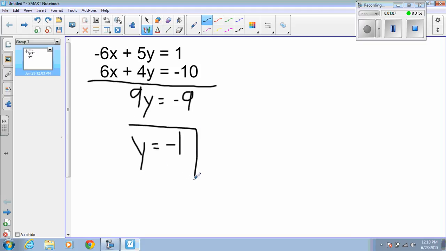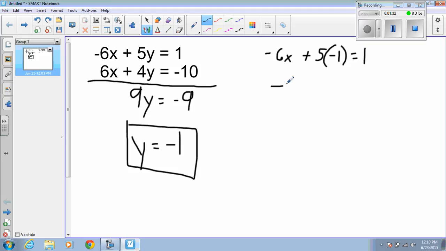And in order to figure out what x is equal to, we just take that number, plug it into one of these equations. I'll put it into the first equation. We have negative 6x plus 5y. Well, we now know that y is negative 1, and that equals 1.